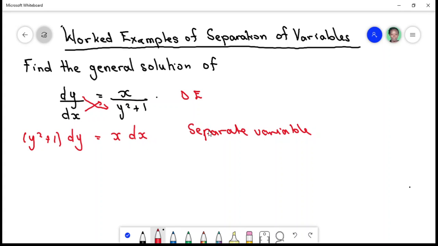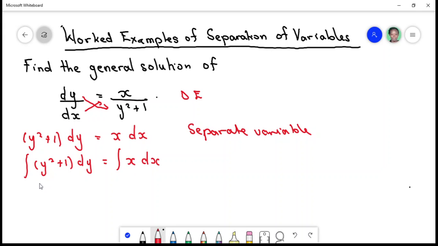So the next thing to do is to integrate both sides. I find the integral of (y squared plus 1) dy, and the integral of x dx.